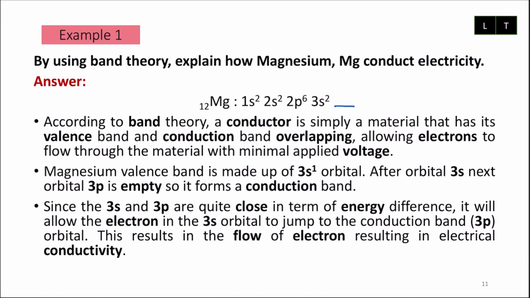So syarat yang paling penting awak kena bagi tahu dulu valence band dengan conduction band overlap, and then sebab tu electrons boleh lalu, tentukan apakah valence band untuk elemen tersebut dan conduction band untuk elemen tersebut. And then next one, explain lah elektron daripada valence band akan jump to the conduction band, hence resulting the electrical conductivity. So itu point yang awak kena letak dalam awak punya answer.